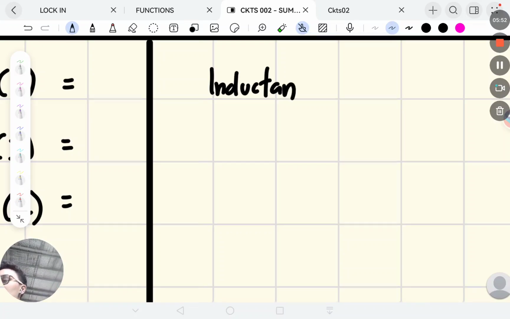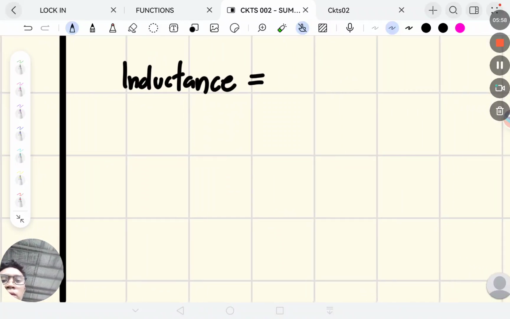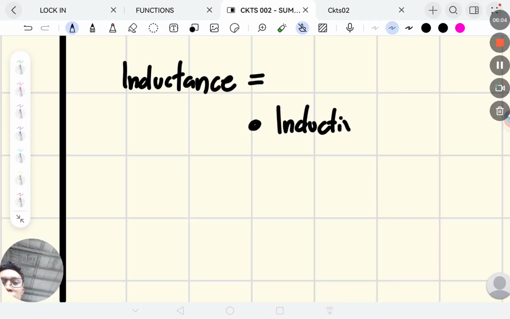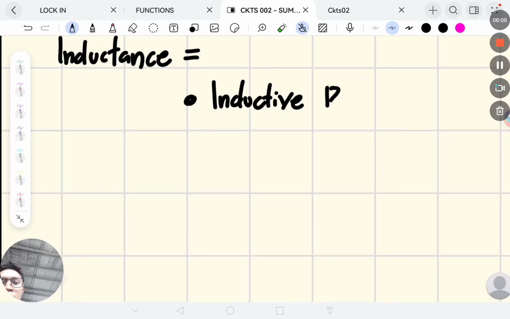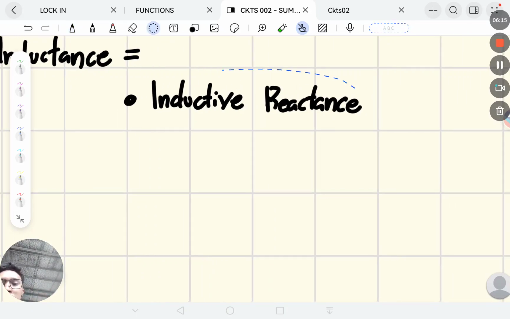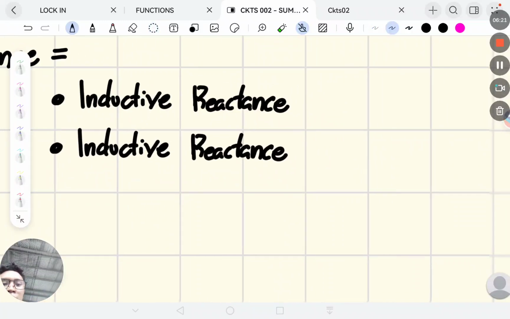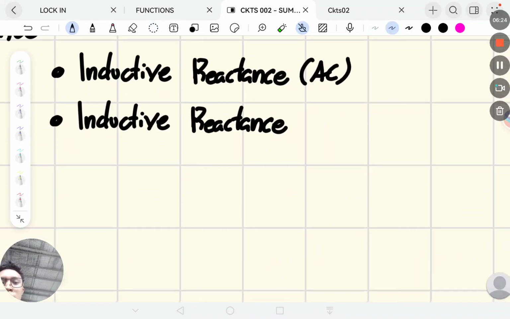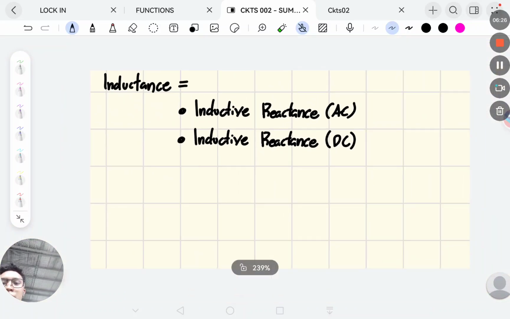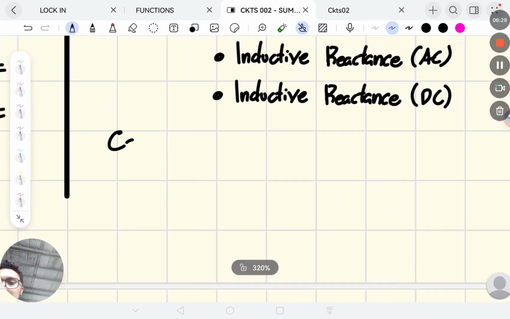inductance. We have an inductance. Anong sunod ng inductance? Inductive reactance, and dalawa yan. Meron sa AC, meron sa DC. Next, we also have a capacitance.